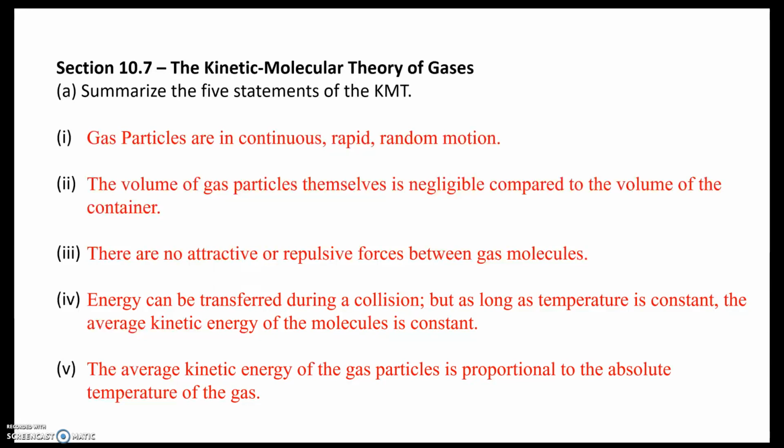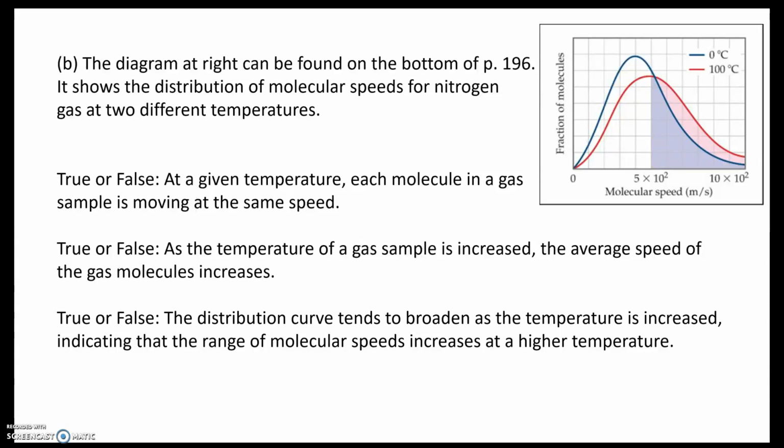Number 4, energy can be transferred during the collision, but as long as the temperature is constant, the average kinetic energy of the molecules is constant. And part 5, the average kinetic energy of the gas particles is proportional to the absolute temperature of the gas. All right. The diagram on the right can be found at the bottom of page 196.